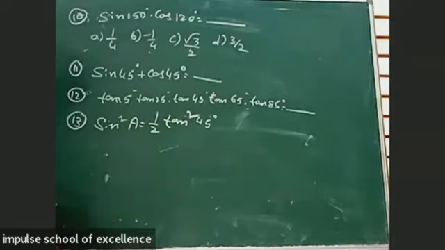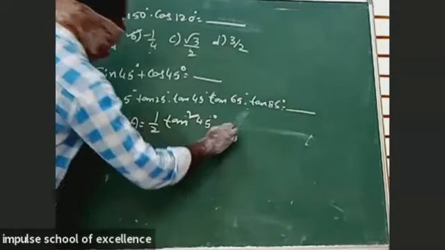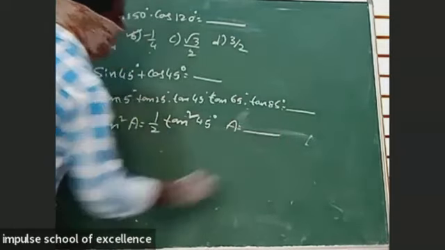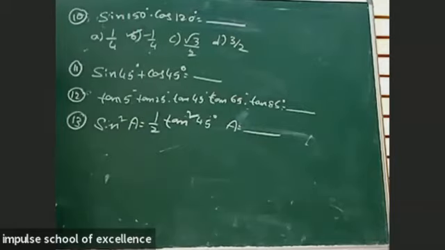Okay, ma'am. It's the correct answer. Sin square A is equal to 1 by 2 tan square 45 degrees, where A is an acute angle. Then A is equal to dash.